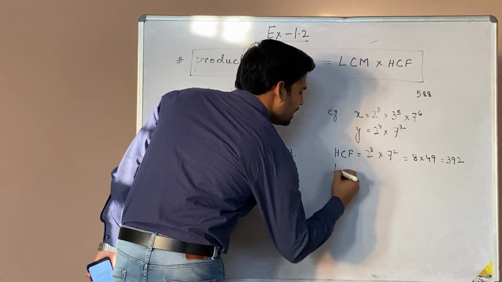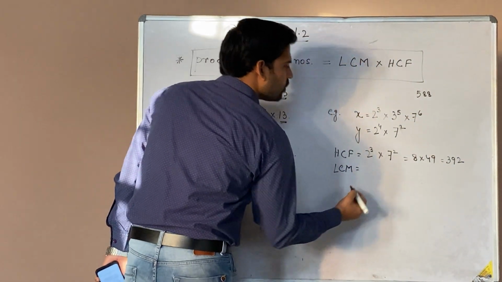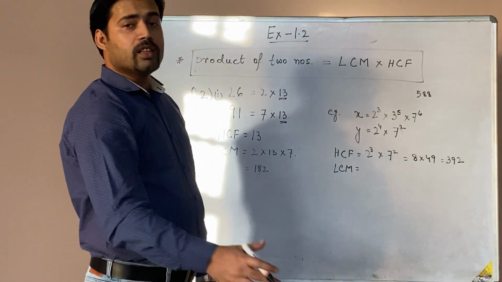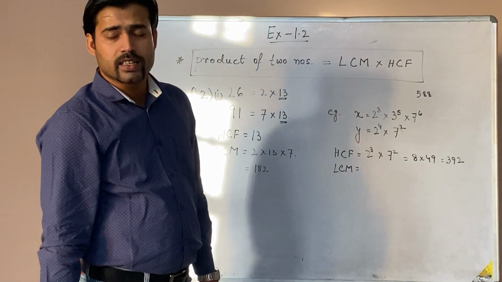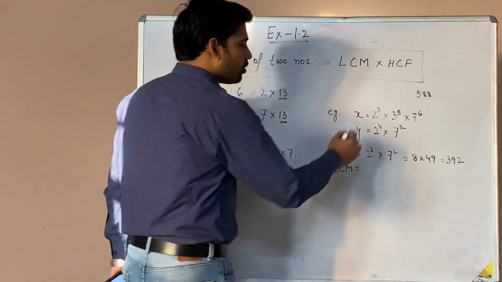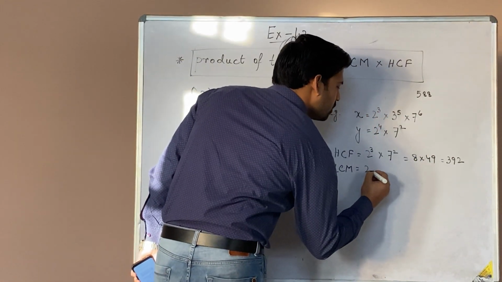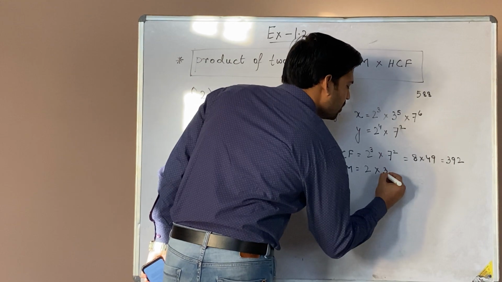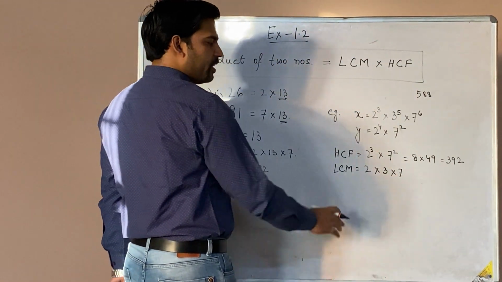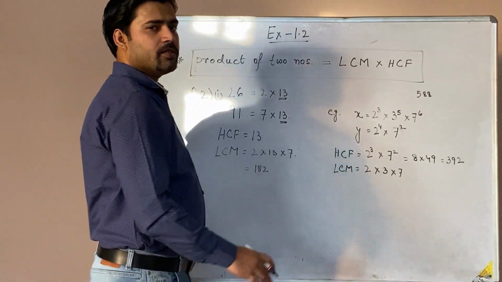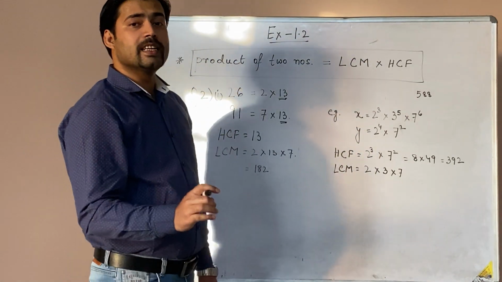When talking about LCM, you will go with what? You will write down all the factors of these two numbers combined. So all the factors, writing them down, this is 2, then we are getting 3 and then we are getting 7. Fine, repetition should not be there. And then afterwards, you will go with what? The highest power.